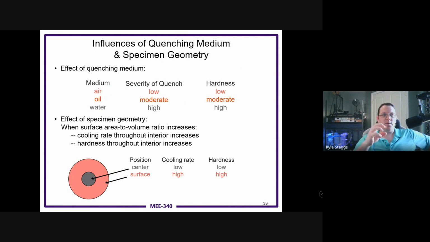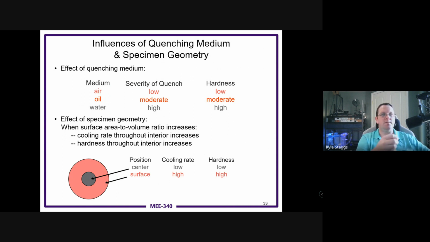So you have a differing rate of crystalline formation throughout the interior. So the hardness, this is often why it's referred to as surface hardening, because the surface has a high cooling rate and a high hardness. The center has a low cooling rate and a low hardness. So there's a lot that goes into that as an example.